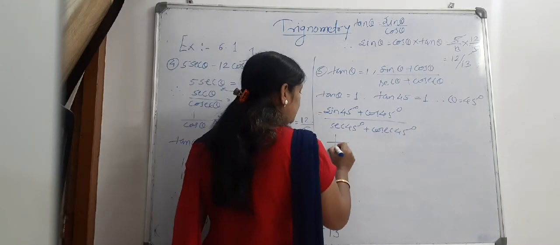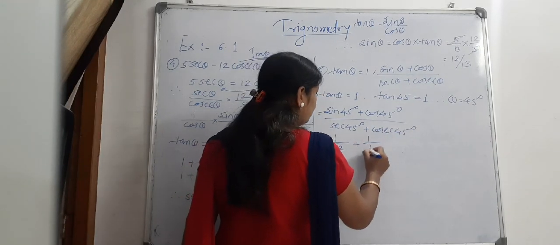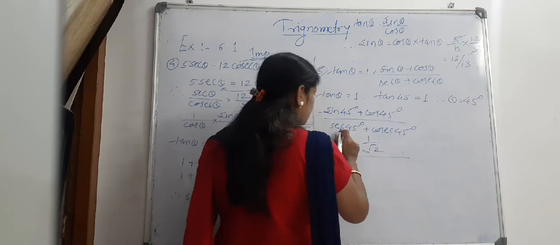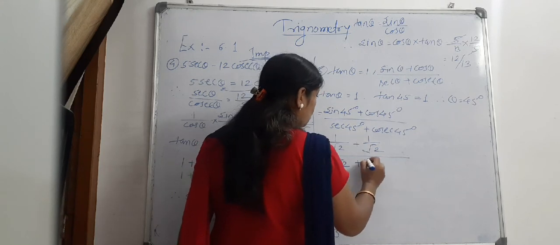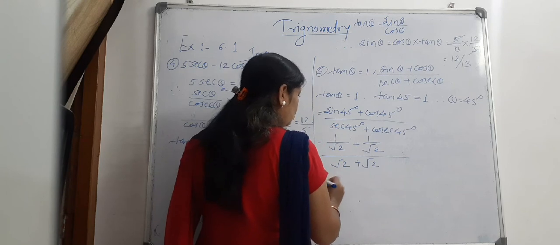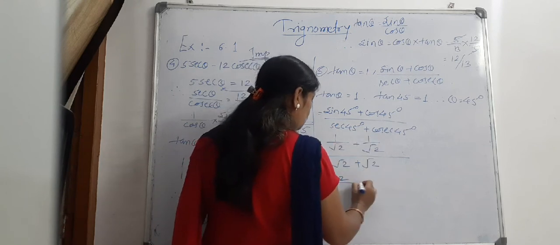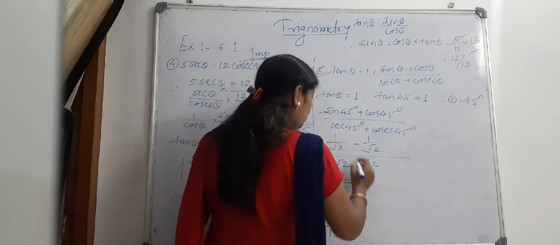Now sin 45 is 1 upon root 2, cos 45 is 1 upon root 2, sec 45 is root 2, cosec 45 is also root 2. Here 1 plus 1 is 2, so 2 upon root 2, and in the denominator root 2 plus root 2 is 2 root 2.